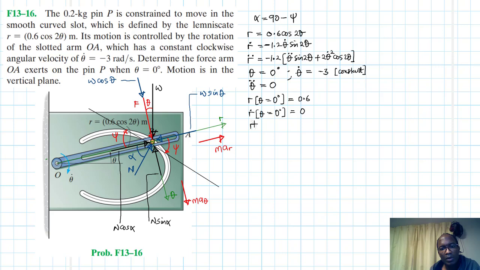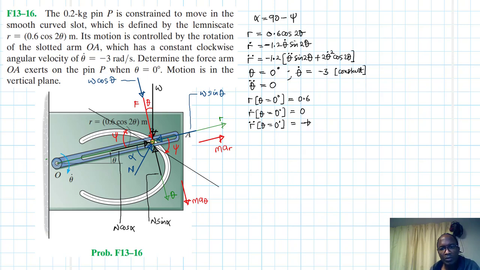So r double dot at theta equal to 0, this is just going to be equal to, so this one is 0, the other one just becomes minus, that is 2 times theta dot squared, which is 3 squared, becomes a positive, times 1.2.